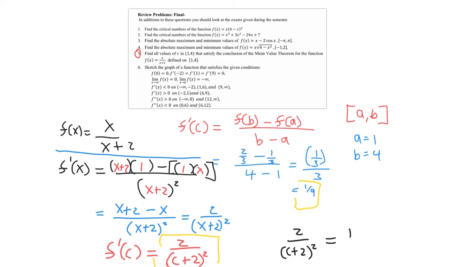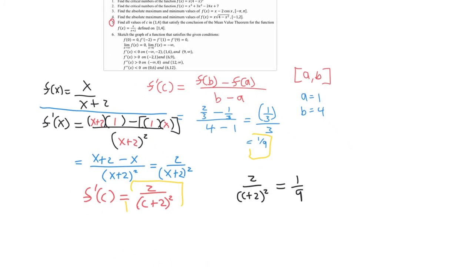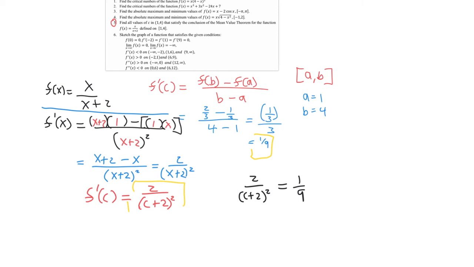And at that point, we really just have a proportion where we could cross multiply. That would become 18 equals c plus 2 squared. Taking the square root of both sides would be c plus 2 equals plus or minus 3 radical 2. Now, the interval we're interested in is from 1 to 4, so that's something to keep in mind soon.